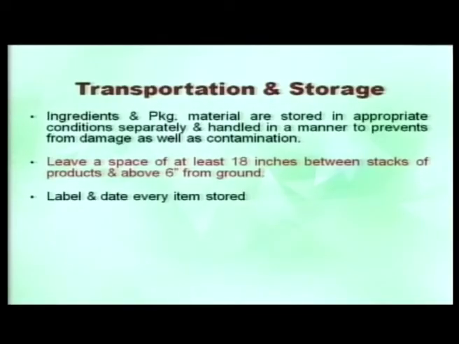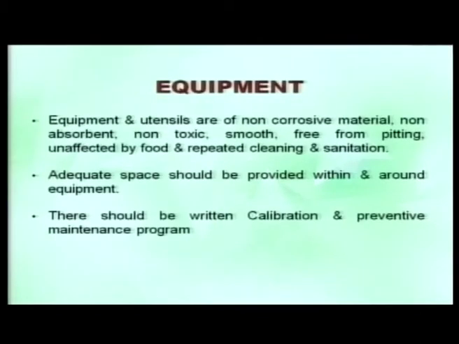Ingredients and packaging materials should be stored in appropriate conditions and separately and handled in a manner to prevent damage as well as contamination. The stacking should be such that there has to be a space between each stack. It can be 18 inches, just an example. Labels and dates should be clearly mentioned on every storage item.